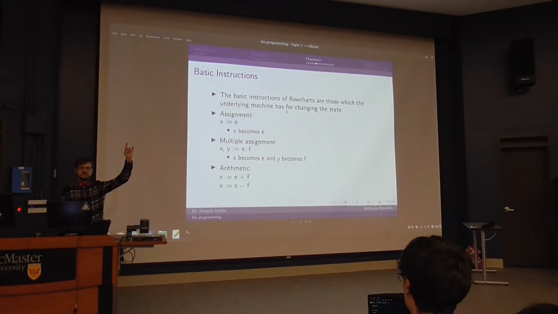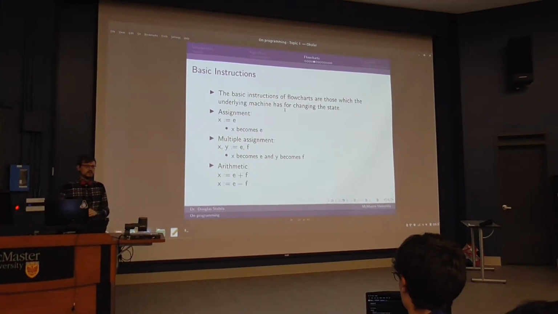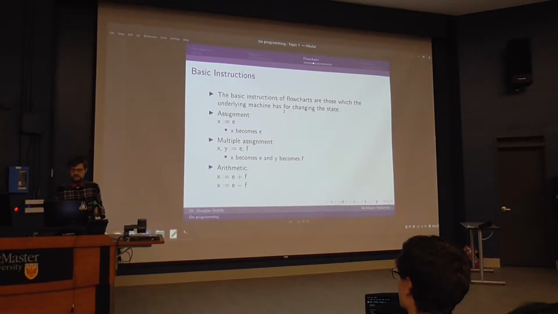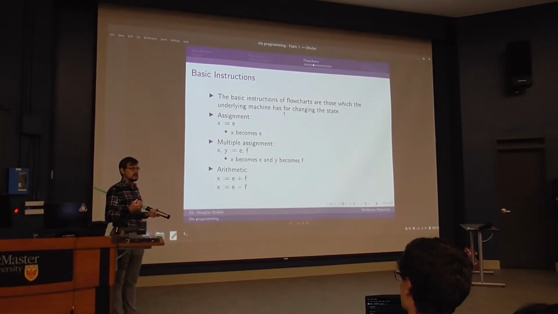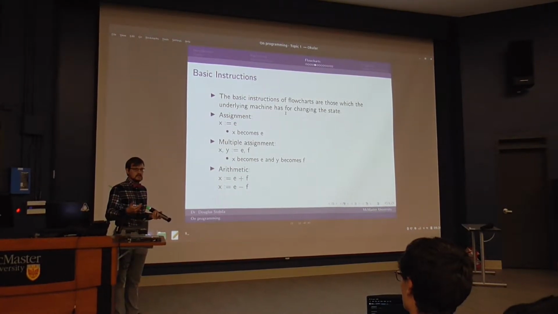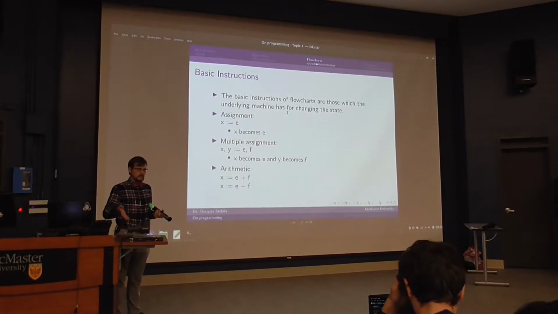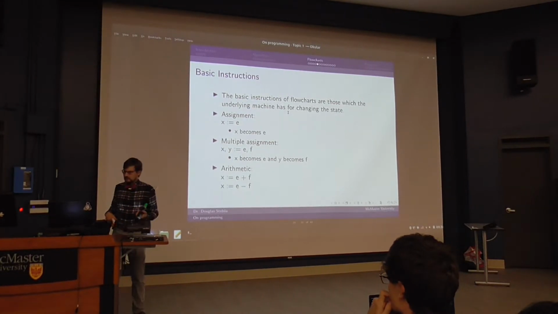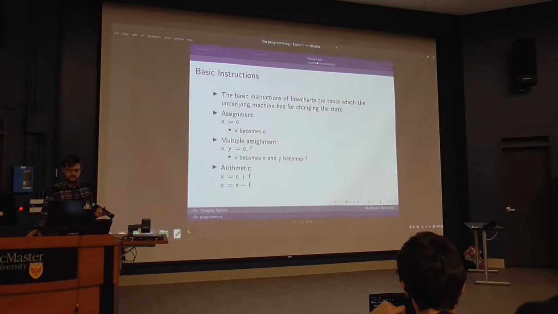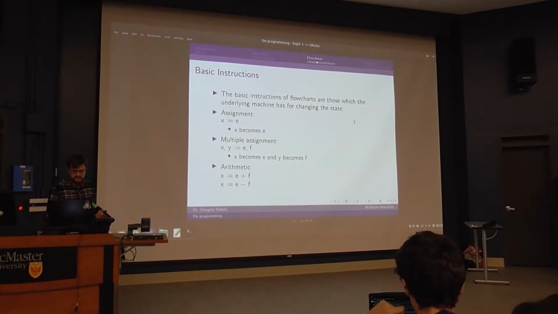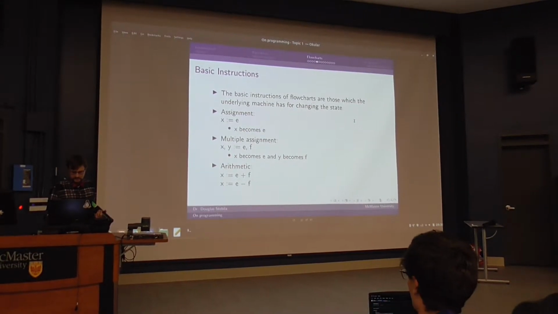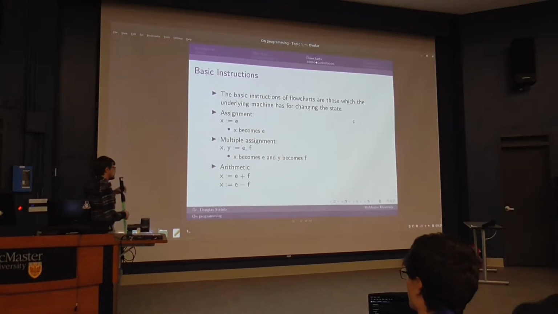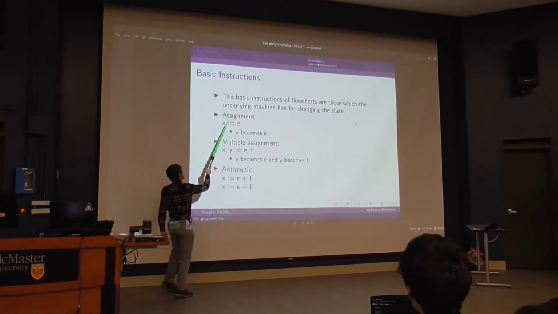Has anybody heard of Lisp before? Anybody know what Lisp stands for? List processor. So Lisp is, you can kind of think of Haskell as being Lisp 2.0. But anyway, Lisp is a very, very old language. I think it predates C, actually. But anyway, so that is the purpose of the colon.